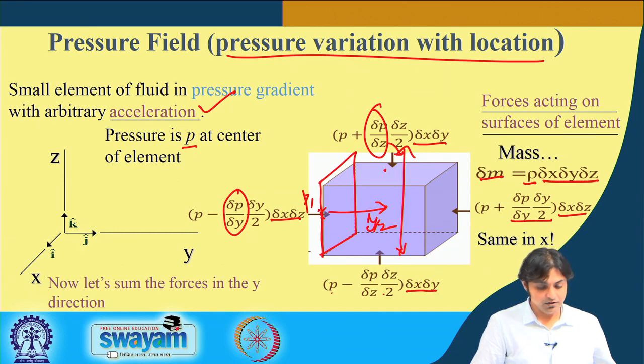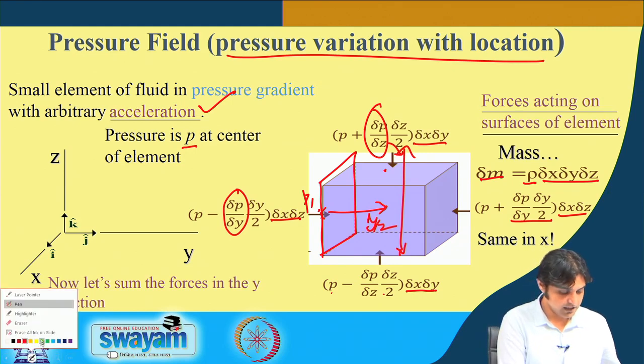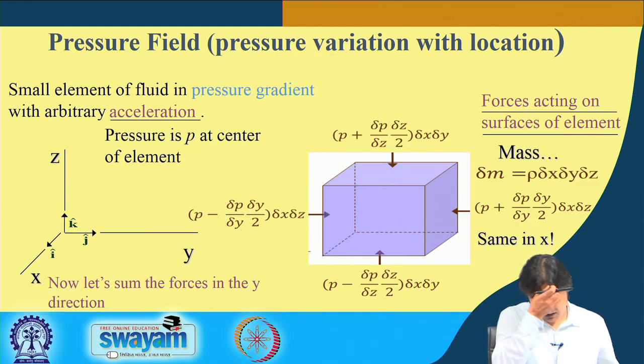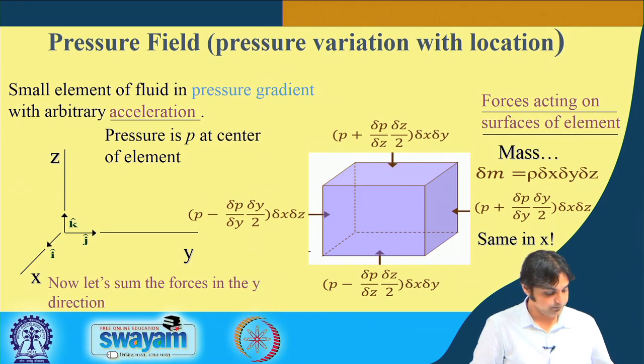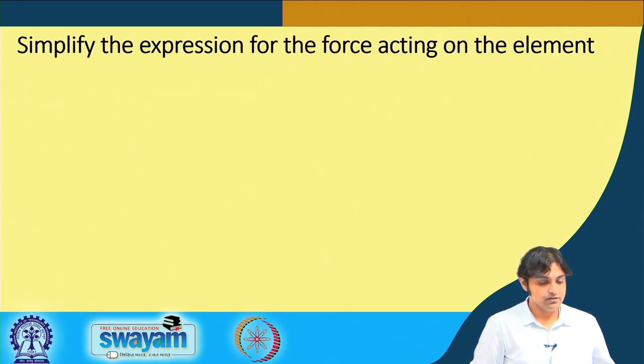Okay. So as we have already written the forces on all four sides, we are going to do the force balance here. As I said, I will try to erase so that you are able to follow. Great. So now we have to simplify the expression for the force acting on the element.